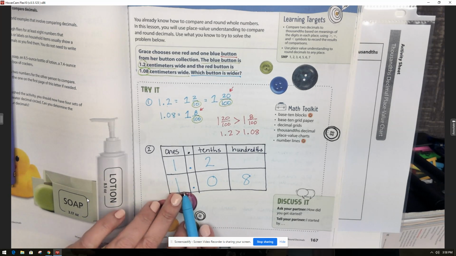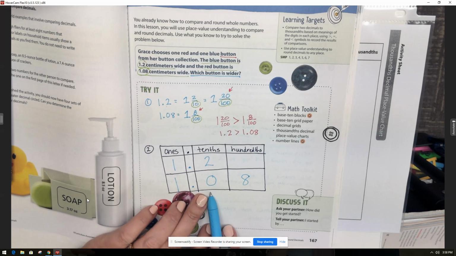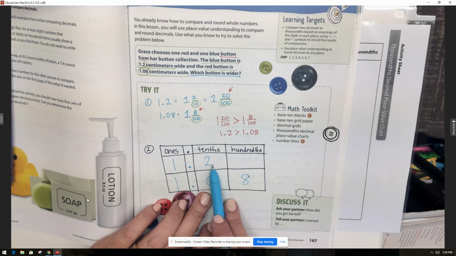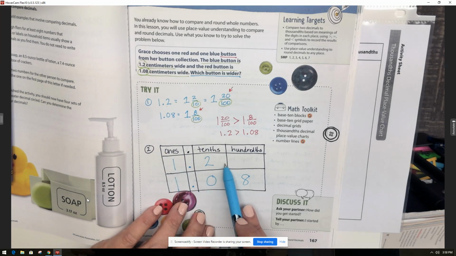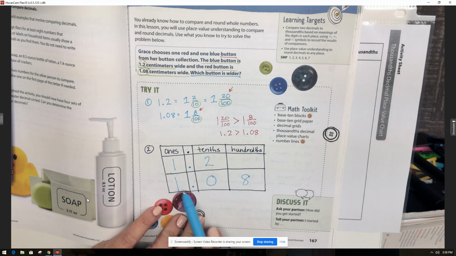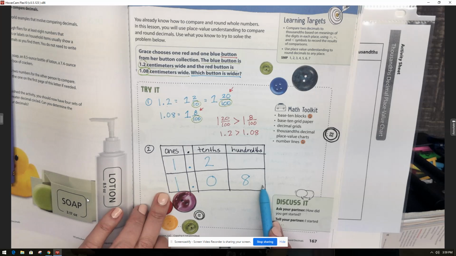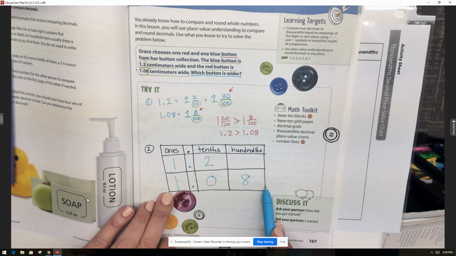So we're going to go ahead and shift over to our next place value. And then we're going to look, which is greater, 2 or 0? Well, the 2 is greater. So because this 2 is greater, that means that 1 and 2/10 must be greater than 1 and 8/100. It doesn't matter that this number here is longer, because it still has a smaller value.